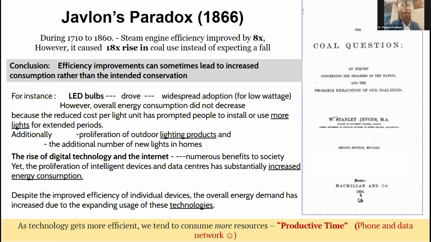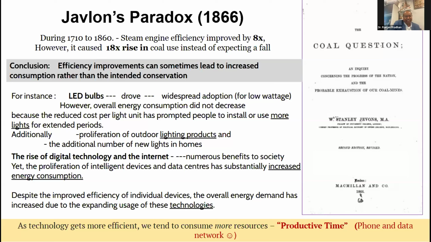So did it help reduce the power consumption? This is the paradox. Second, digital technology, in the same way, has benefited society, but has helped evolve many data centers and devices that increased energy consumption. So despite the improved efficiency of individual devices, the overall energy demand has increased due to the expanding use of technologies.